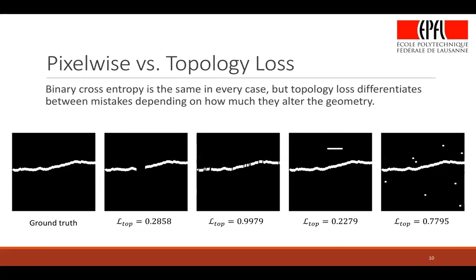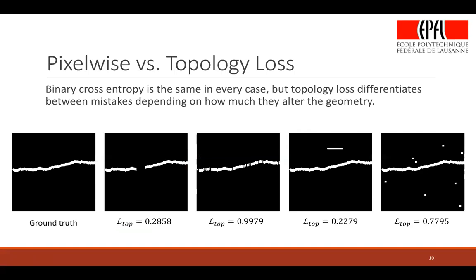In cases where we alter the structure of the prediction more, so for example, if we introduce a lot of cuts, or if we introduce a lot of small components in the background, then it's higher compared to the situation when, for example, we have one big gap, or if we have one additional component in the background.